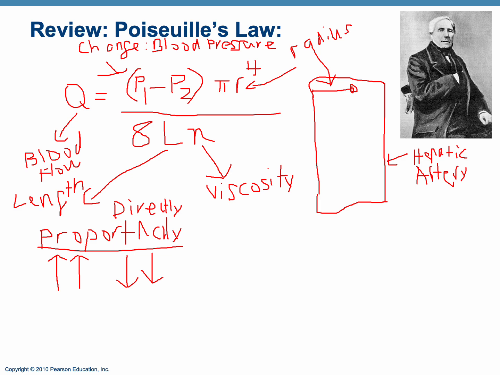For example, let's say in the blood vessel that blood pressure, BP is going to stand for blood pressure, increases. The net result of the increase in blood pressure in that particular blood vessel, maybe it's the hepatic artery, is ultimately going to lead to an increase in blood flow.